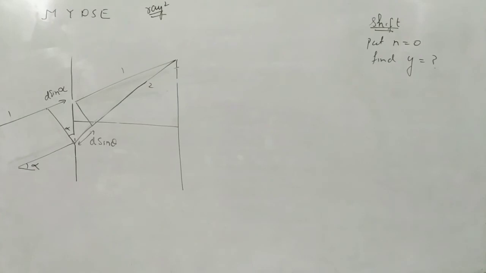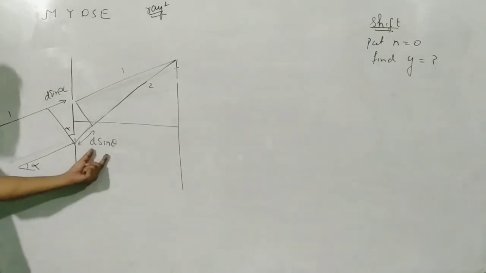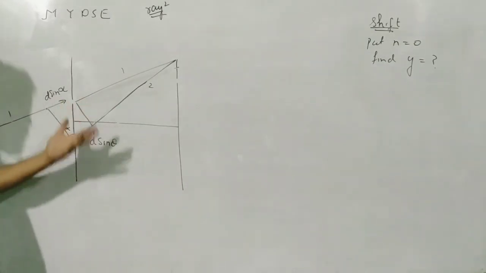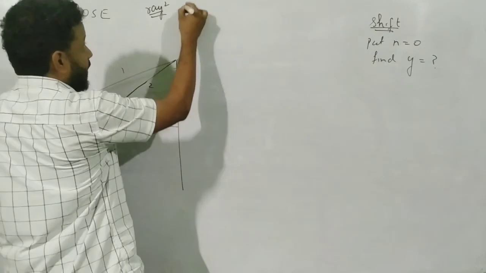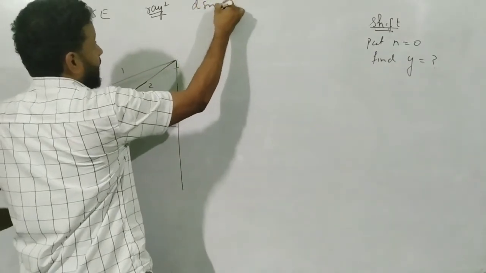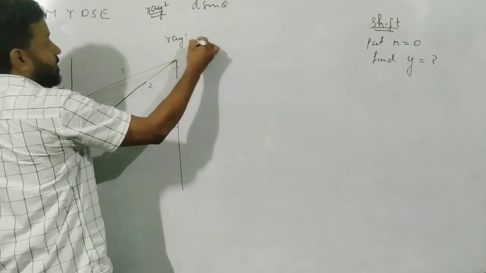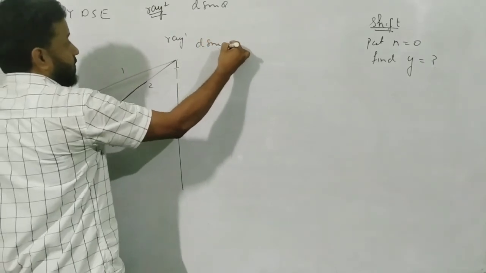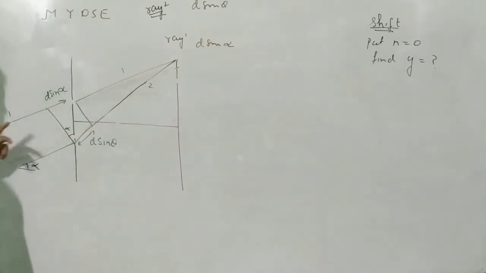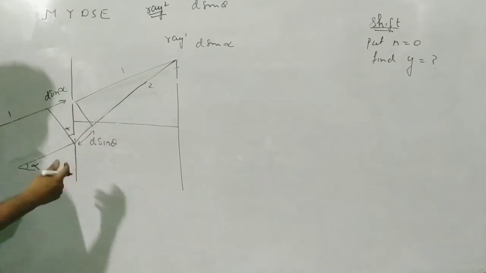Correct? Now just look at here. Before the slit, who is traveling more distance? Ray 1. After the slit, who is traveling more distance? Ray 2. So overall path difference is ray 2 traveling a distance of d sin theta, and ray 1 traveling a distance of d sin alpha. So overall path difference is ray 2 minus ray 1.